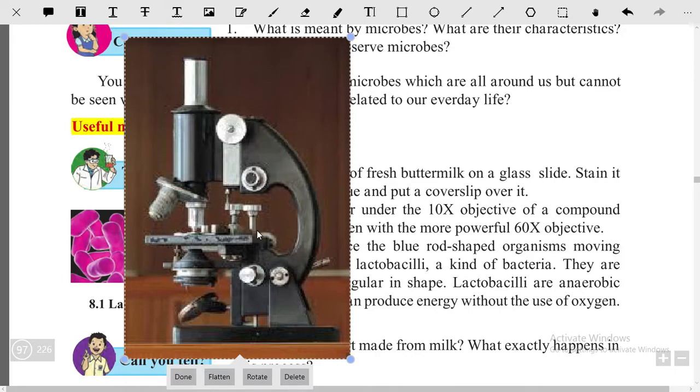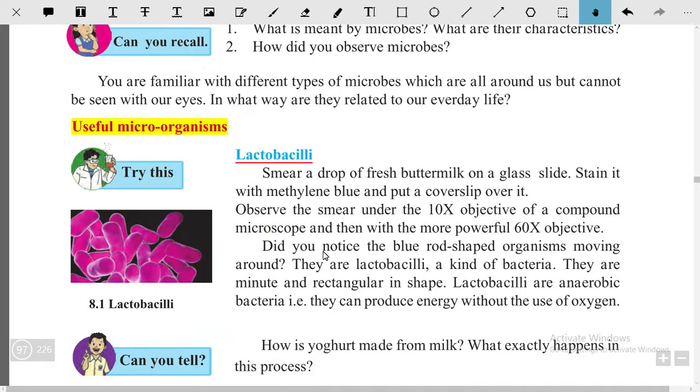Okay, and the same is placed under the objective lens of that compound microscope. Okay, that is the compound microscope. Now, what did you notice under the microscope, and what is contained in the same?